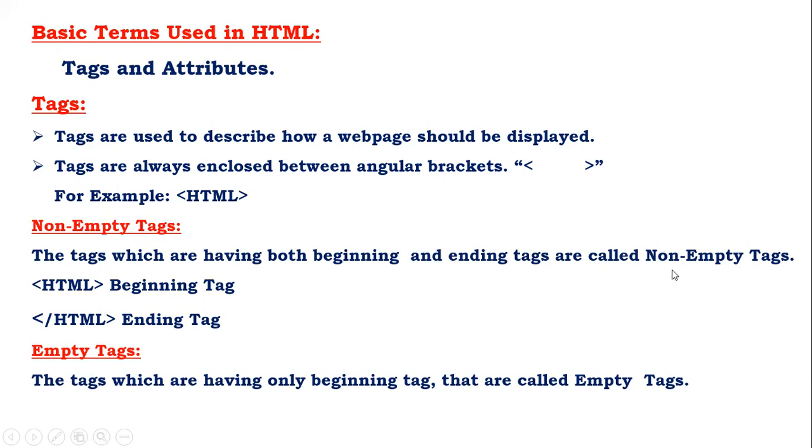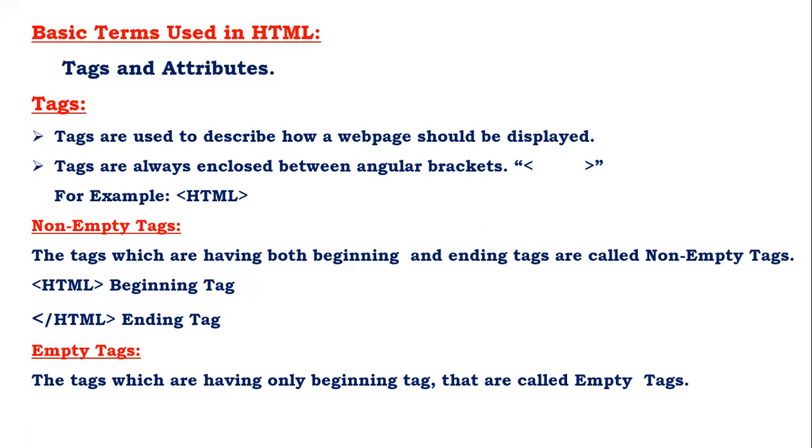For example, if you see here, HTML is a beginning tag, and HTML with a forward slash is an ending tag. In HTML, most of the tags have both a beginning tag and an ending tag. The difference between the beginning tag and the ending tag is that in the ending tag, we use a forward slash.